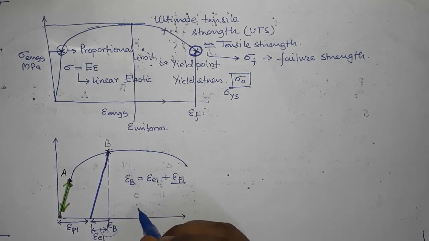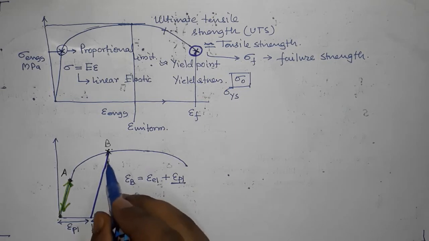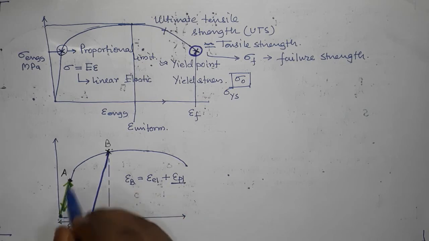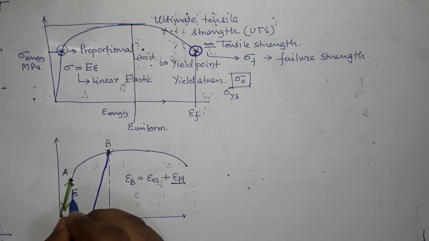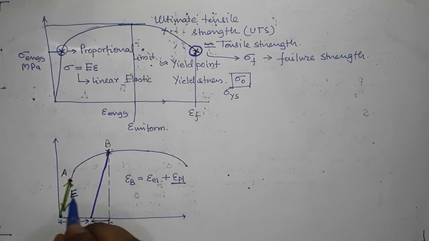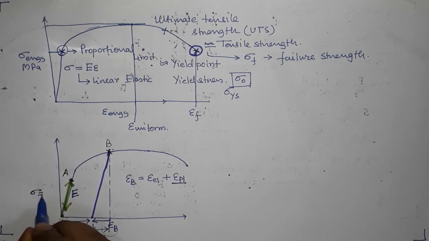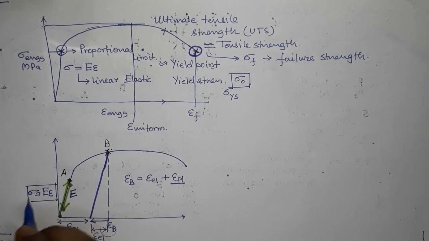Okay, there is another interesting thing. So while unloading, the slope here is denoted as E, which is modulus of elasticity, right? Because here in the linear part, the stress and strain follow this relationship, which is generalized Hooke's law.